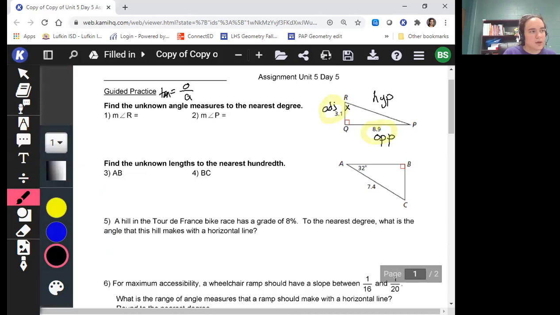Tangent. So we're going to take the tangent inverse again because we're finding an angle, of our opposite, which is 8.9 over our adjacent, which is 3.1. So we're going to put that in our calculator, tangent inverse of 8.9 over 3.1.